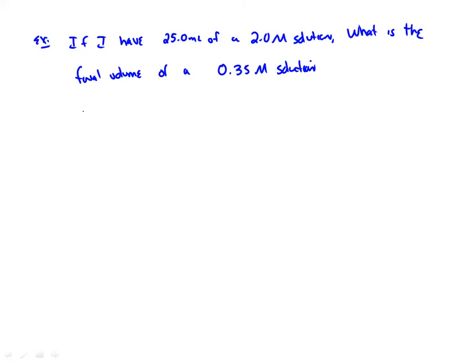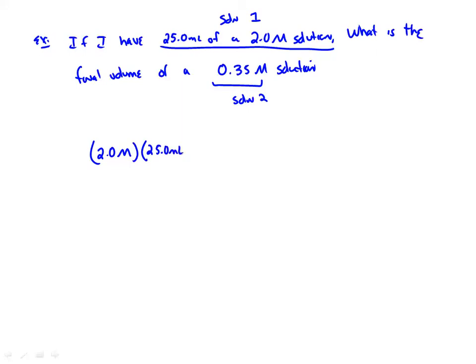Meaning I'm taking 25 milliliters, so here's solution 1, and then I'm asking something about solution 2. The idea is that if I have a 2.0 molar solution, and I've got 25 milliliters of it, and I make a 0.35 molar solution, how many milliliters of that solution do I make?